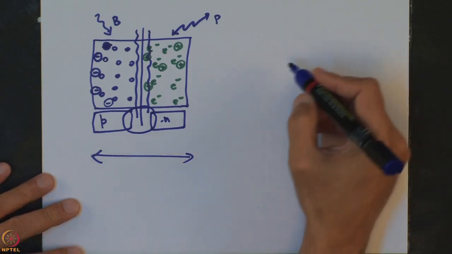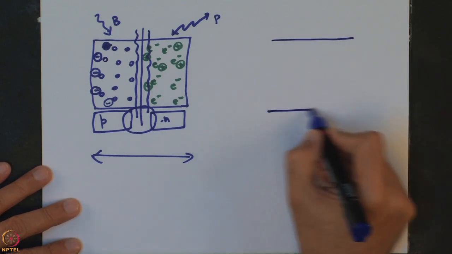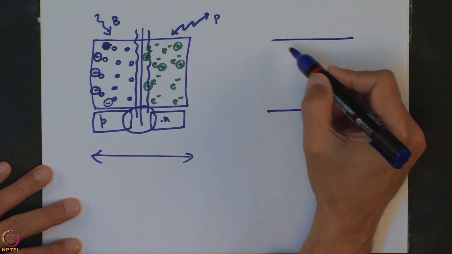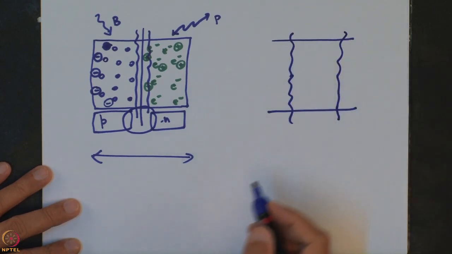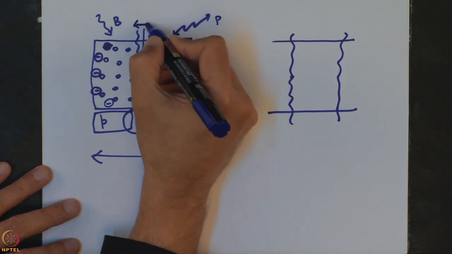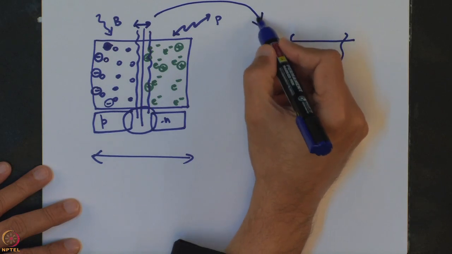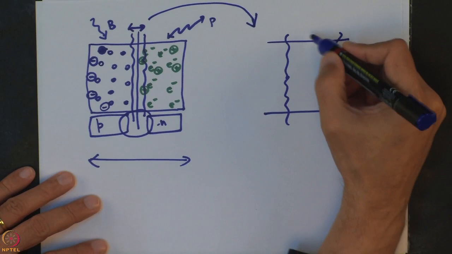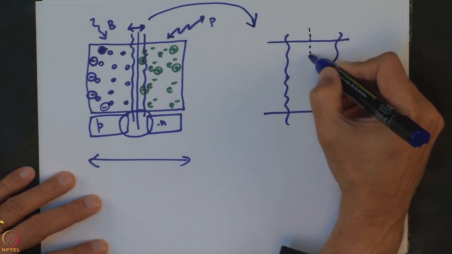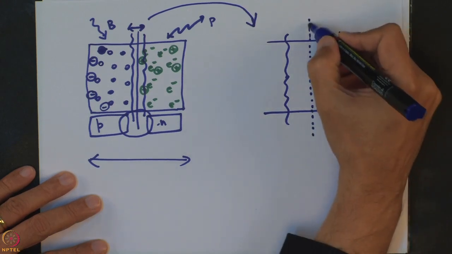So, let me draw this again here, and now let me say that this is the junction region. So, this region which was here has now been drawn here again. Now, if I was to see this region and analyze and see what is going to happen.